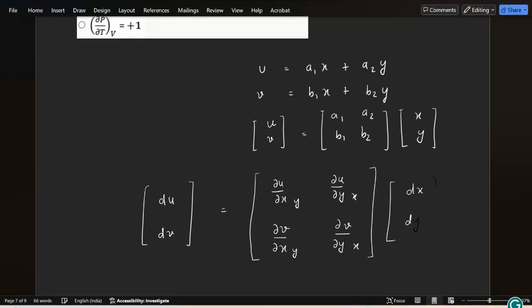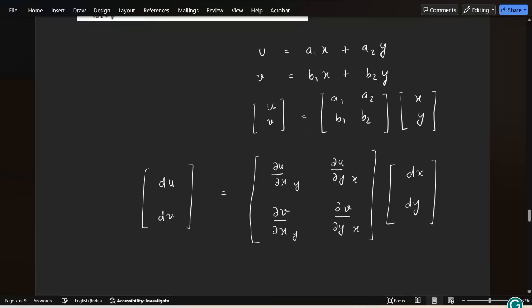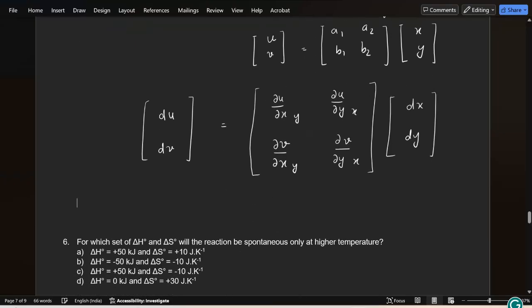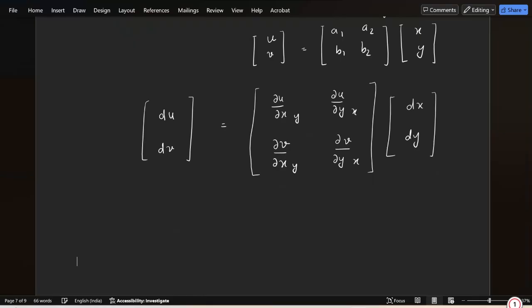So when you write a total differential in this form, this is a vector. This is called the Jacobian matrix, and this is again a vector. So this is the Jacobian matrix.